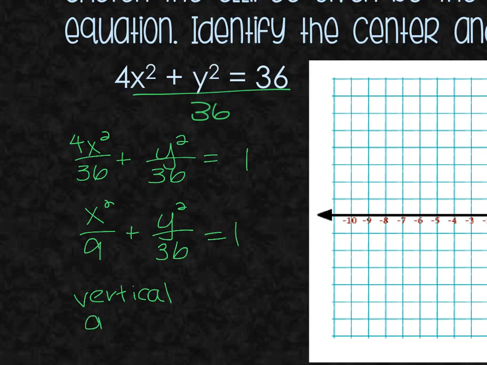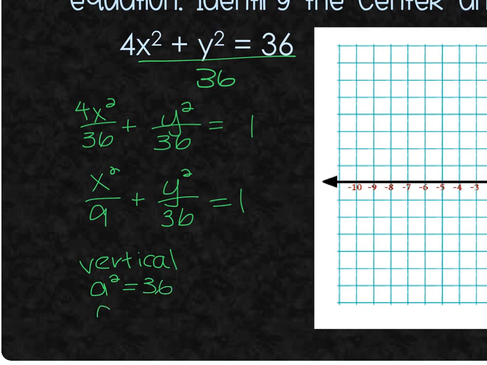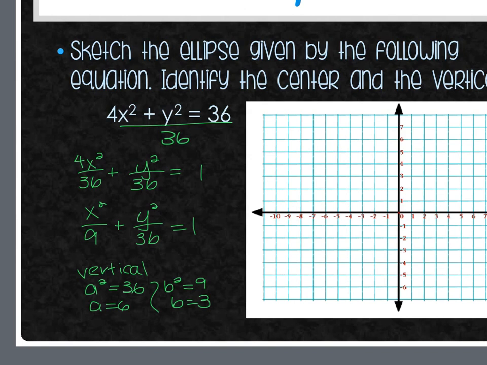What is a squared? 36, which means a is 6. What is b squared? 9, which means b is 3. And what is your center? 0, 0. There's nothing adding or subtracting from the x or the y. That's where the center would lie.